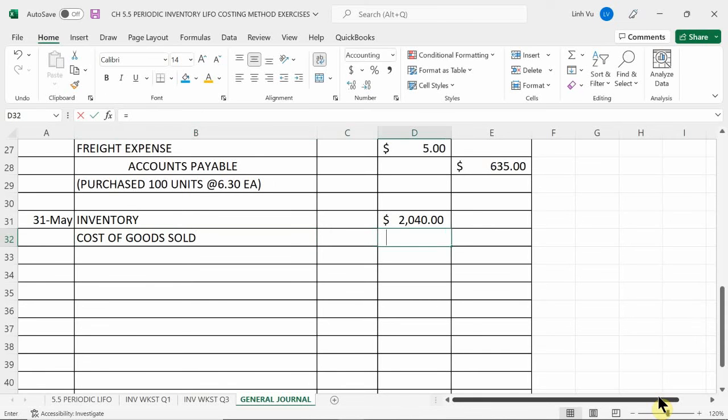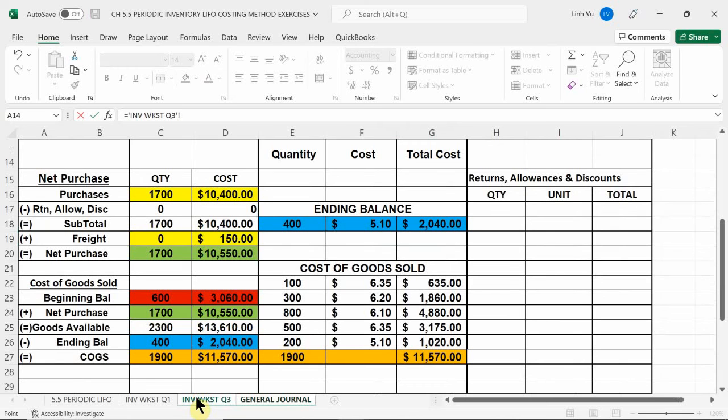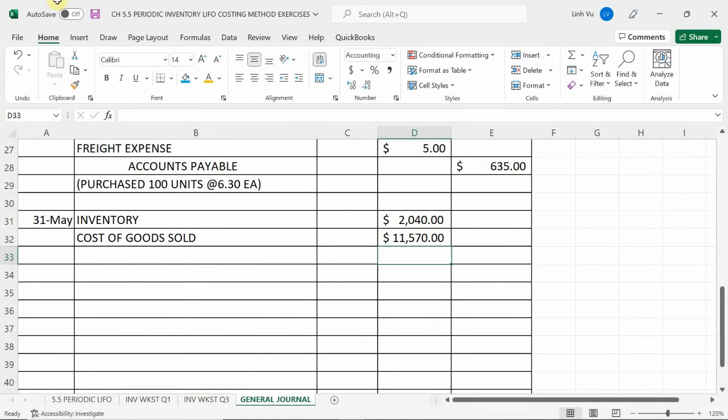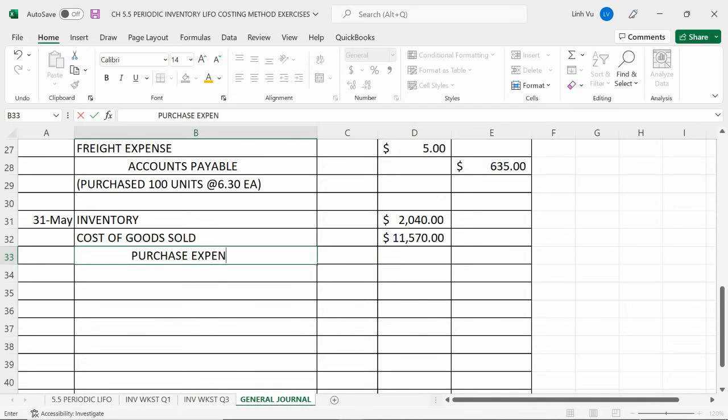How much was my total cost of goods sold? $11,570. Good. What else do I need to recognize? Purchase expense. Okay. Which was for?